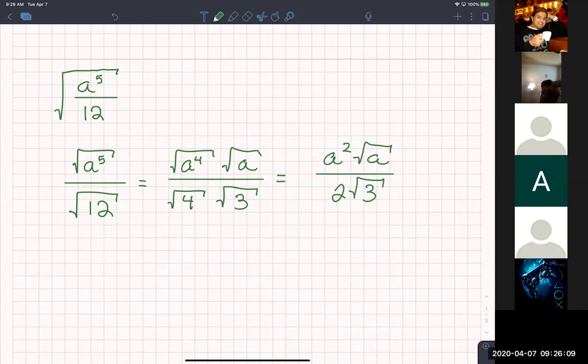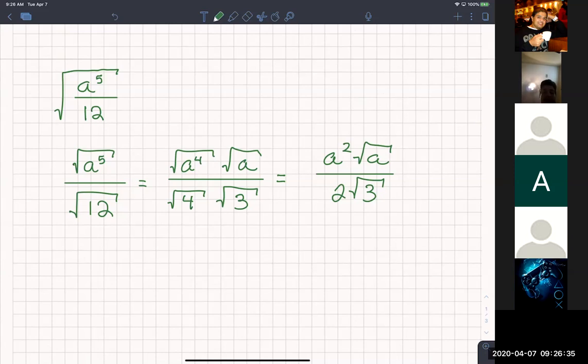Now, do y'all remember from my discussion, what do we not try to leave in the denominator? Anyone? Isn't it like no square roots in the denominator? Right. How do we get rid of the square root of 3 in the denominator then? You square it?